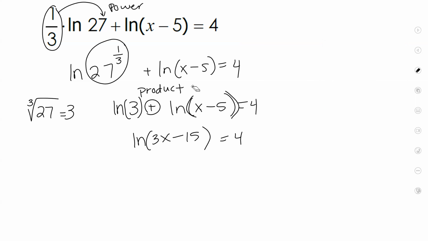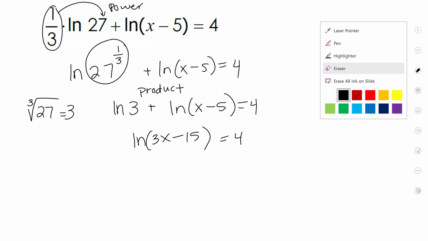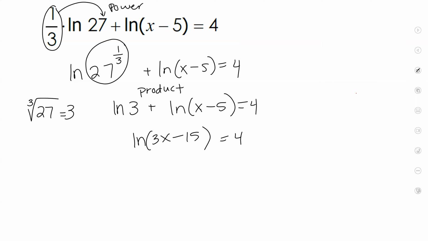Okay, so let me show you guys the rule here. The rule is whenever you have a natural log, I'll just put natural log of x equaling any number. I'll put 4. Doesn't matter what number this is. Once we reduce this down to where the natural log is by itself, we are going to turn this into an exponential problem.